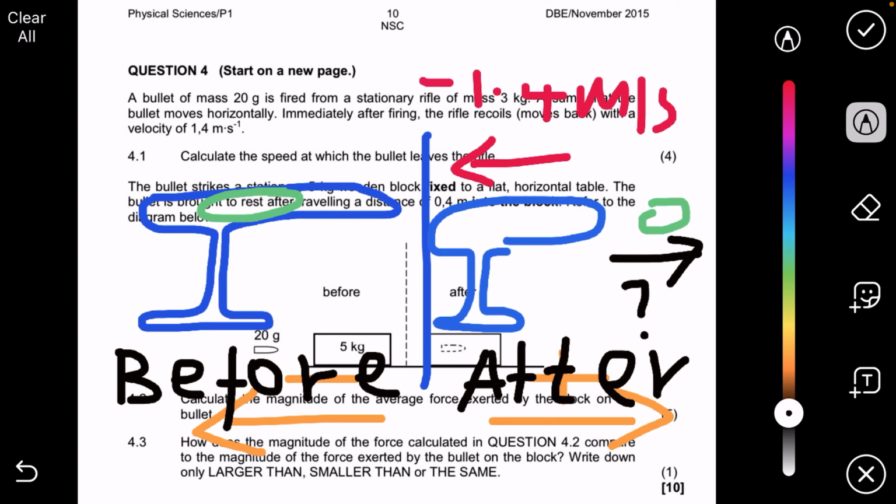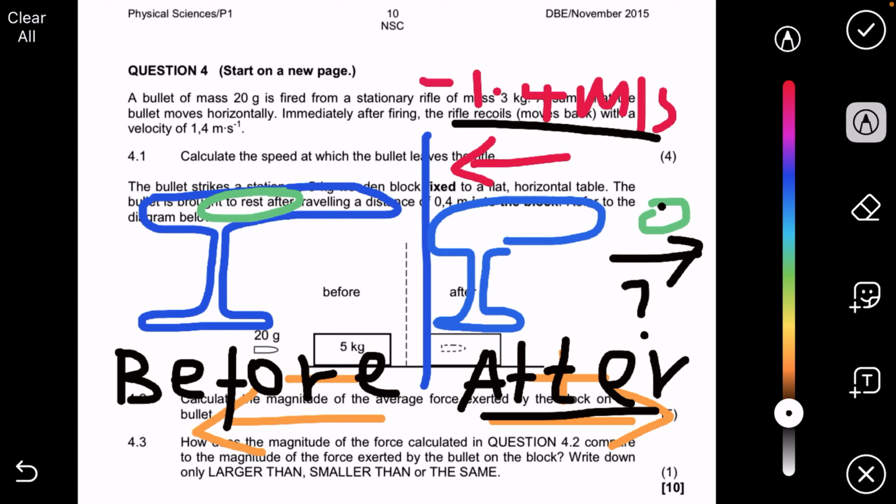What information do we know about the information before? Because we already know the information after. We know that that rifle recoils at that velocity. We don't know the velocity of the bullet as it leaves the rifle.